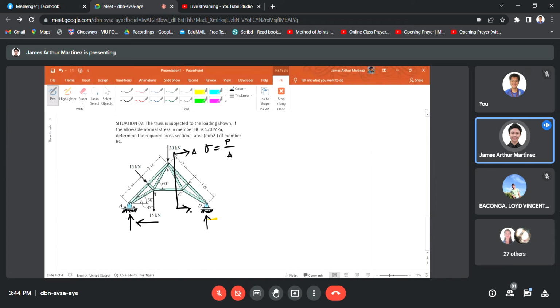I label it as section AA. So we plot section AA, considering the right side part of the cutting plane. That would be point B, and its reaction we label as RD.